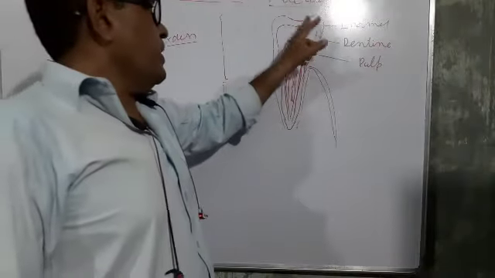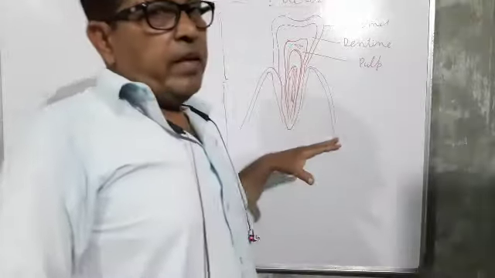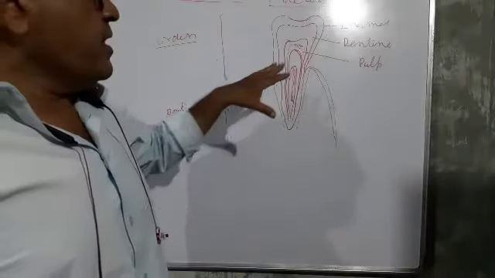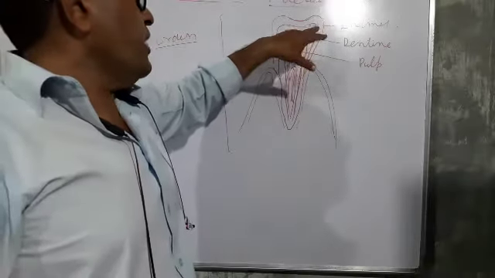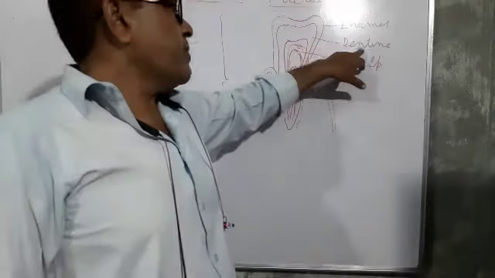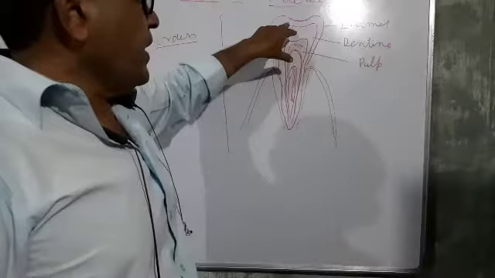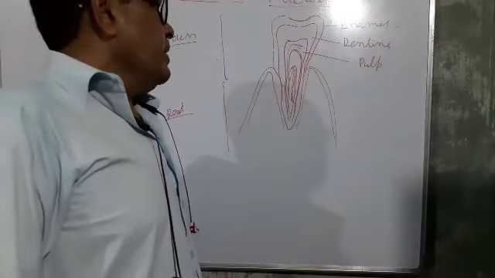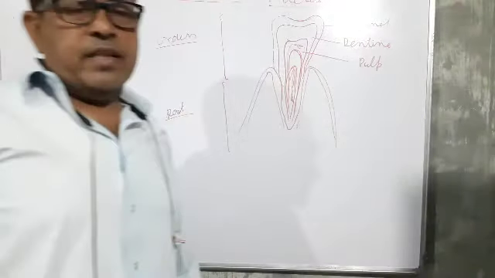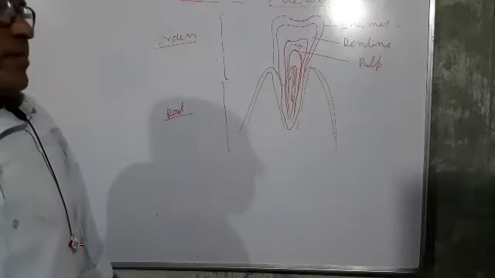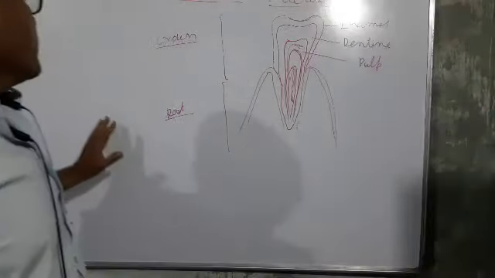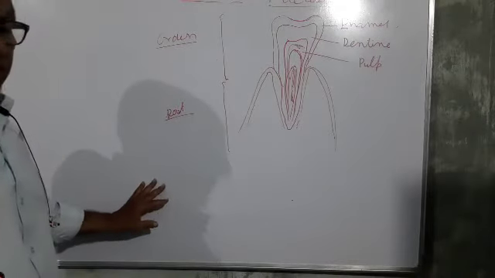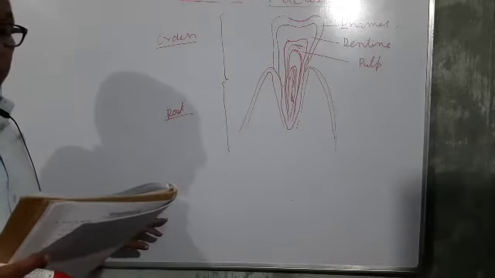Enamel is the outermost covering of the teeth and the hardest substance of our body. Just below the enamel is the dentine, and below the dentine is the pulp. Pulp contains blood vessels and nerve cells, which make it sensitive. So this is about the structure of the tooth.